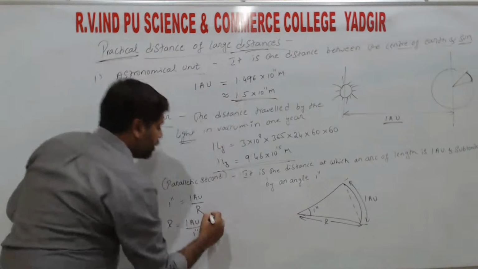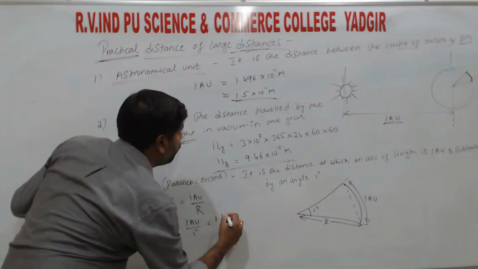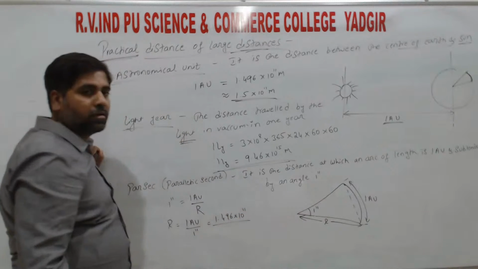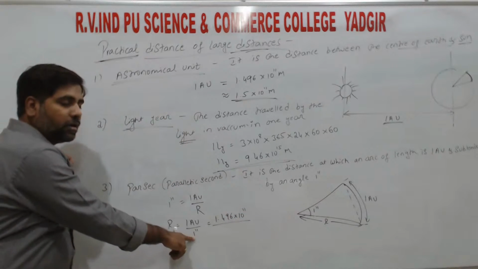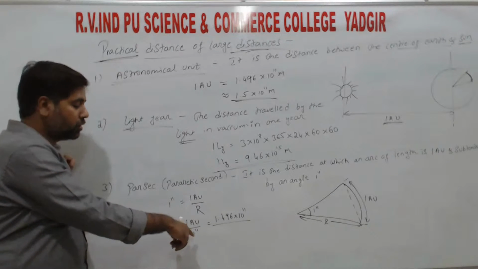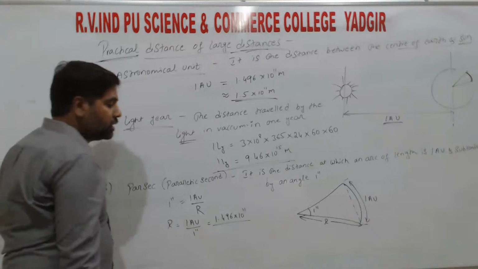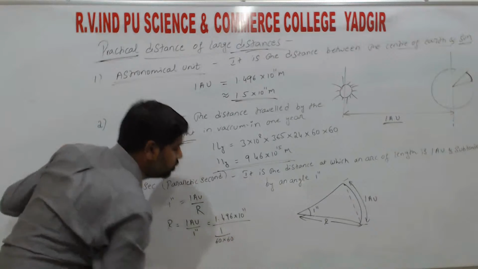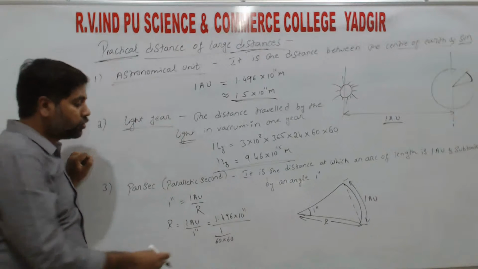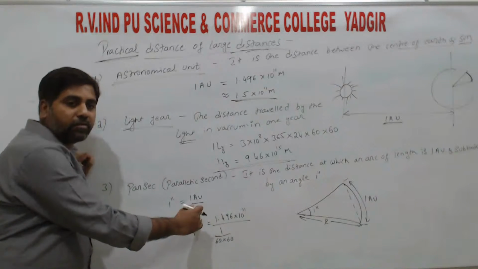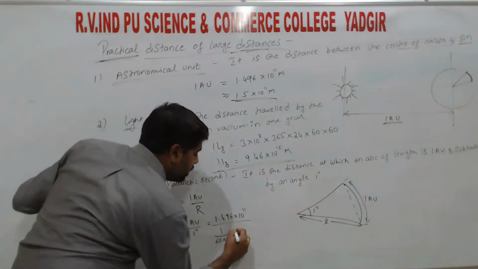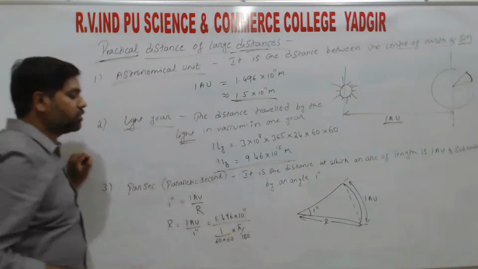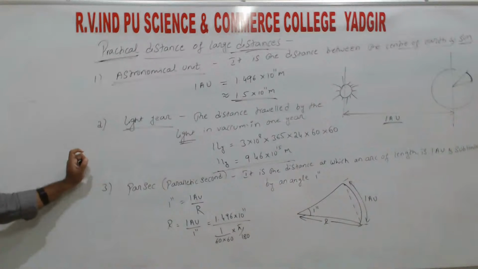So the value of 1 AU is 1.496 into 10 to the power of 11, right? This is in minutes, so convert minutes to seconds: 1 divided by 60 into 60, right? So this is in degrees, which we are going to convert to radians, that is pi by 180, right?